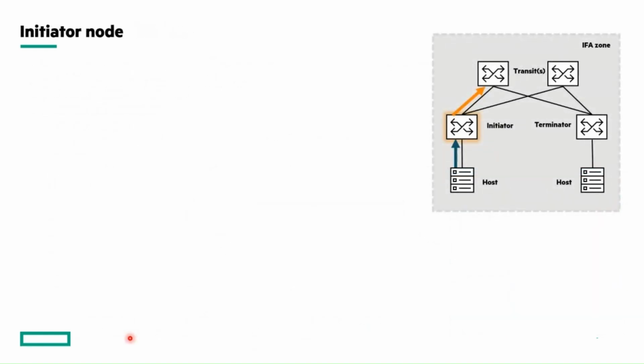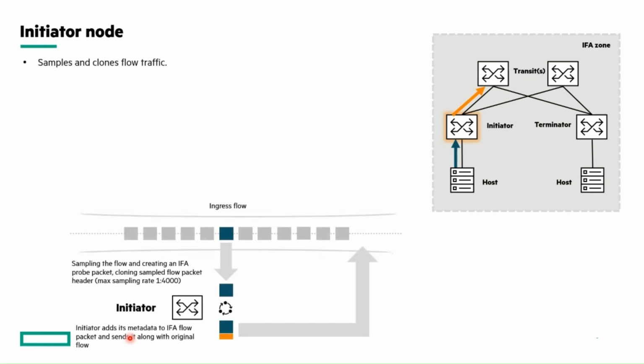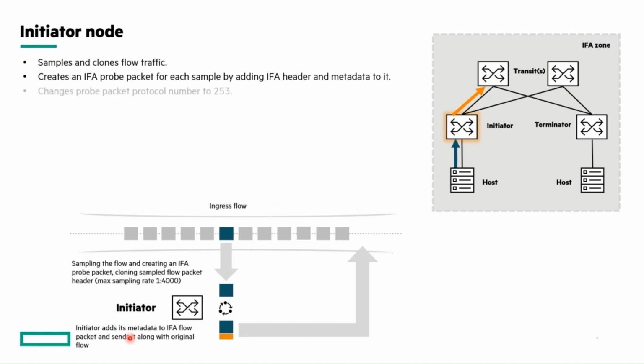Let's look at each node one by one and their specific functionalities. At the initiator node, the initiator is responsible for sampling the flow and cloning the data packets. It also creates an IFA probe packet for each sample by adding an IFA header and the metadata to it, as we have seen in the previous slide.